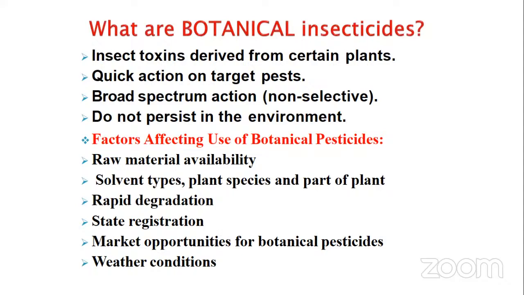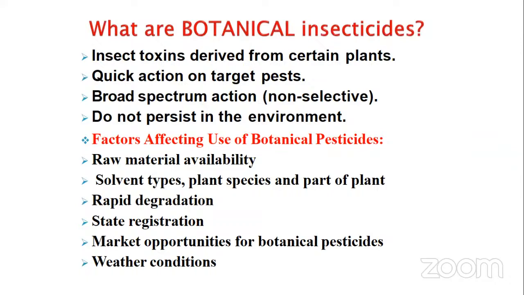They help us control the pests, protect our crop, and also protect human health. Some pests like mosquitoes cause damage to human health, causing malaria and dengue. These also come under pests or insects. We are able to control all these by using botanical insecticides.